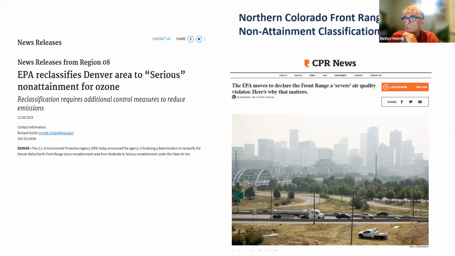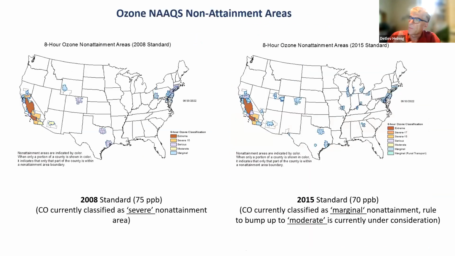So in 2019, the EPA reclassified the Denver area to a serious non-attainment for ozone. And then just this year in April, it was downgraded even more from serious to severe. That's the last slide, but I'm going to show you how that compares with the remainder of the United States.